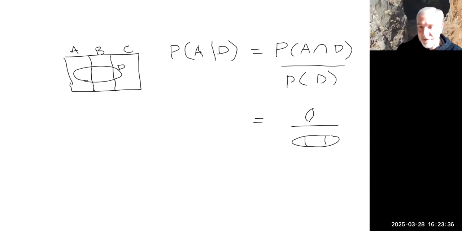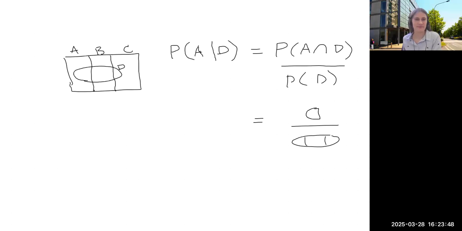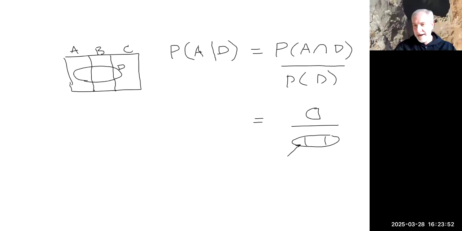Let me give it a little bit more detail here. It would be this bit, wouldn't it? So this bit is the same as this bit right here. That's really what we're trying to find.